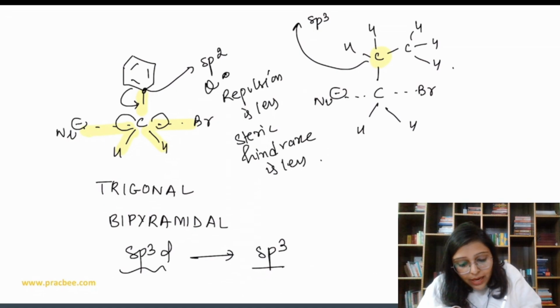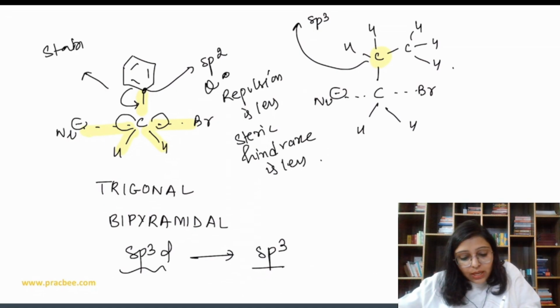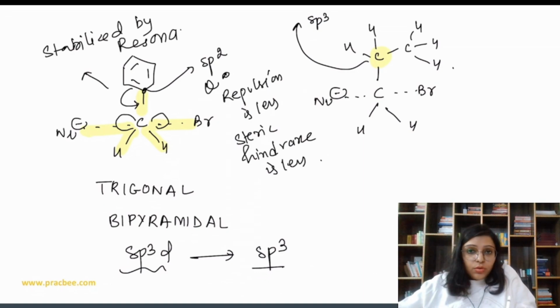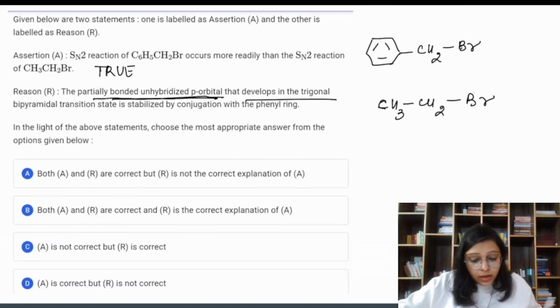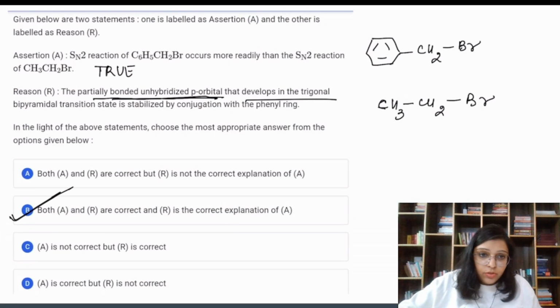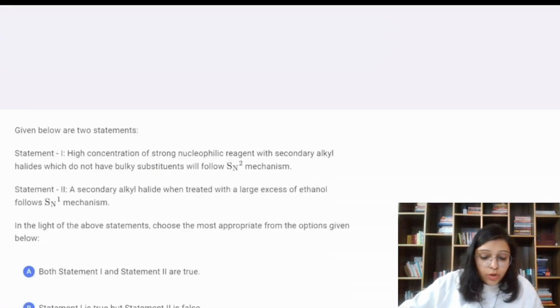That is also one of the reasons why we say both assertion and reason are true and the reason is the correct explanation of the assertion. Okay. Now let's move on to the next question.